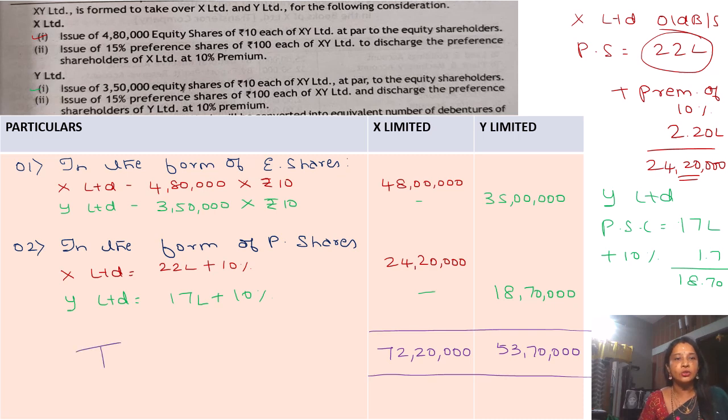This is the total purchase consideration given to X Limited and to Y Limited in the form of equity shares and preference shares. You know the total over here and you know in what form, in equity shares and preference shares, it was given. So that is why step 1 and step 2 are combined in case of net payments method.